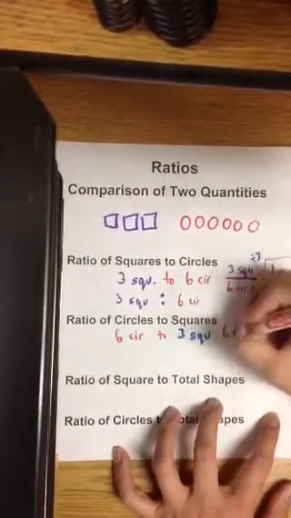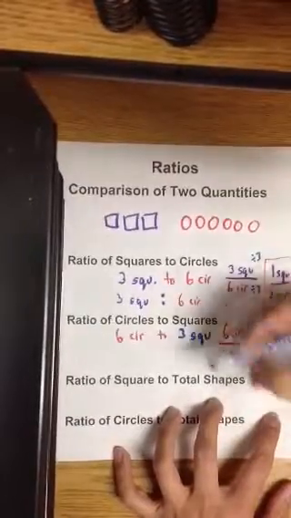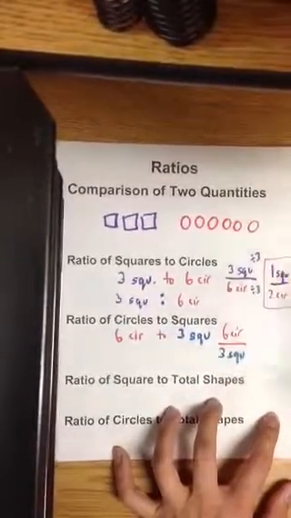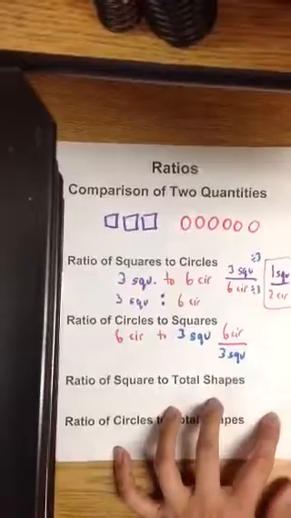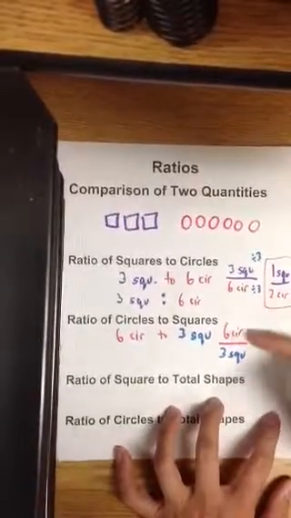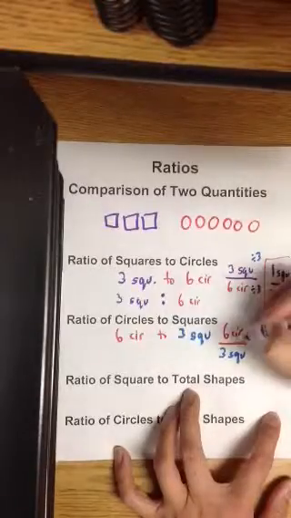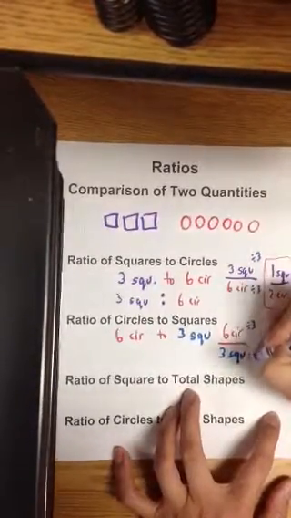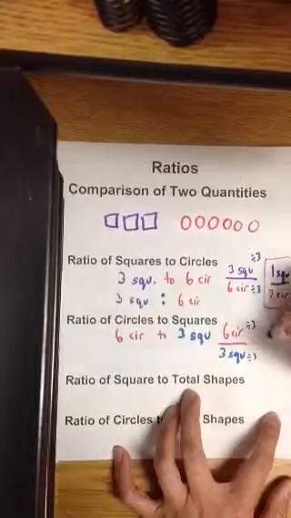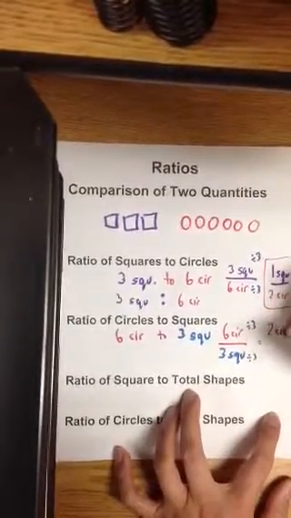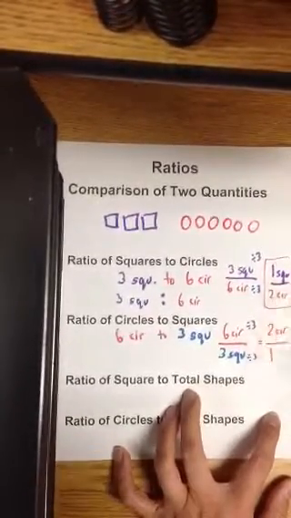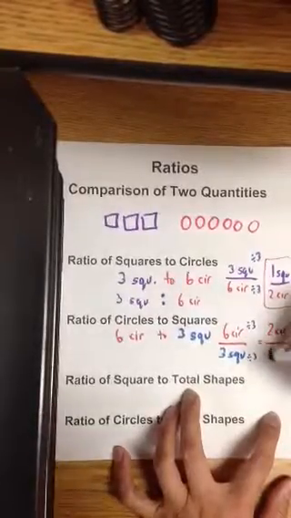You have 6 circles to 3 squares. Can you simplify this? Yes, you can. What is the greatest factor that you can divide both of these numbers by? You can divide both numbers by 3. So it is equivalent to 2 circles to 1 square.